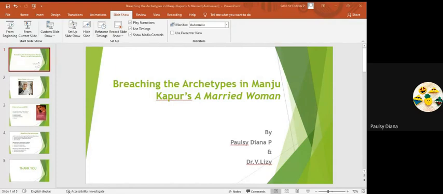And then again, she searches for love in her college days with a person named Rohan, who takes advantage of her physically and leaves her devastated, which eventually leads her to marry Hemant, which serves as a turning point in her life. So the first stage of her breaching the archetypal image of women is her marriage with Hemant.